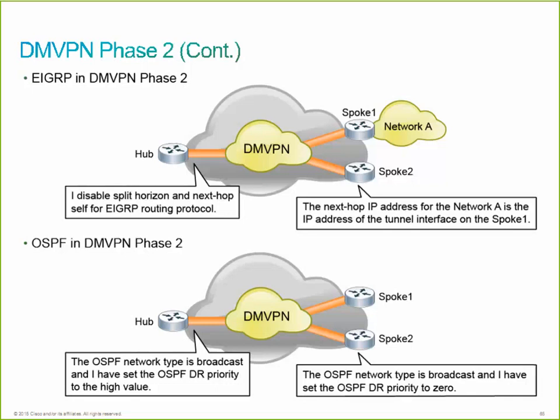So if we want to use OSPF as our routing protocol, we need to make sure that we configure the routers to behave like they're connected to a LAN. All right? Now, it's not going to automatically detect that network type when we configure DMVPN. So we actually have to go in and specify the broadcast network type on all of the routers.